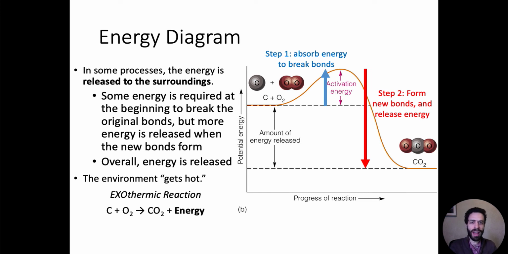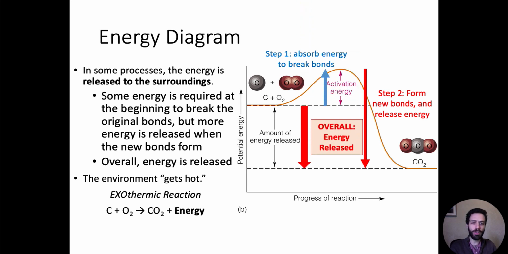You'll see in this graph that step two is a bigger change than step one, right? More energy was released when the new bonds were formed than was absorbed to break the original bonds.